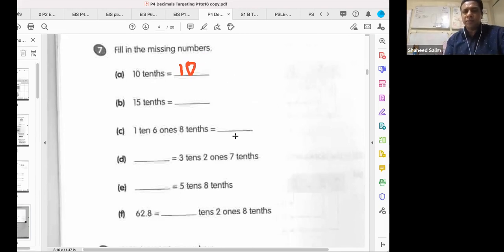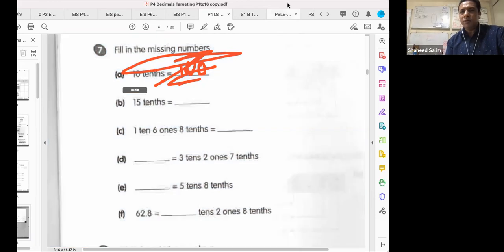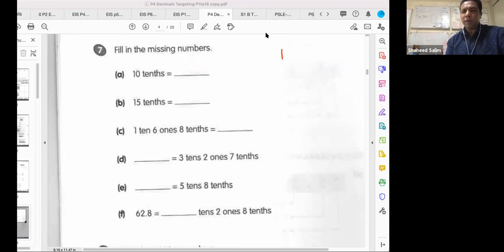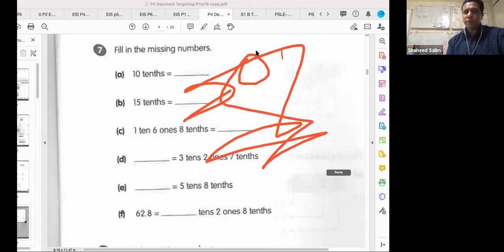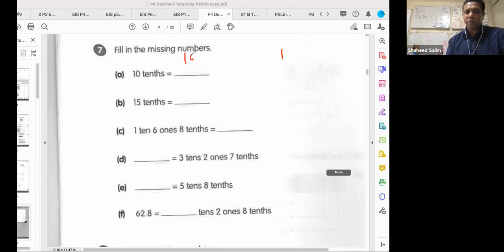10 tenths like this. When they say tenths, as what I say, you have to divide by 10. How to divide by 10? Like this. 10 over 10. So down here, you get 10 over 10, which is one whole.